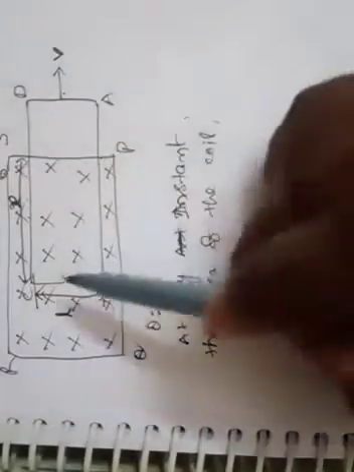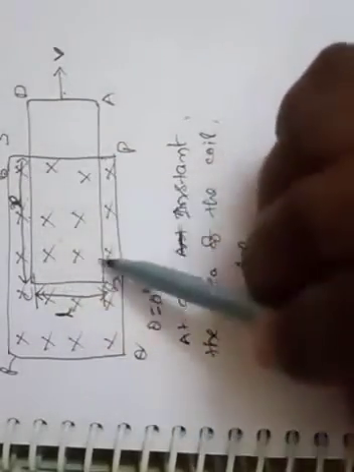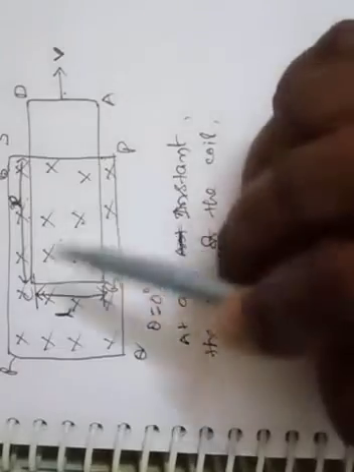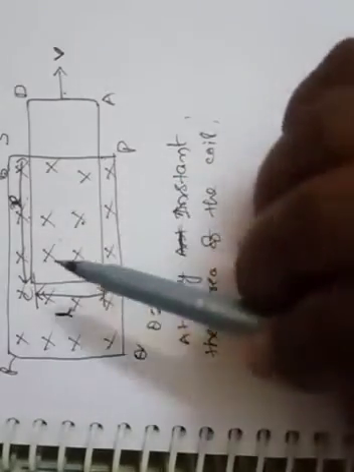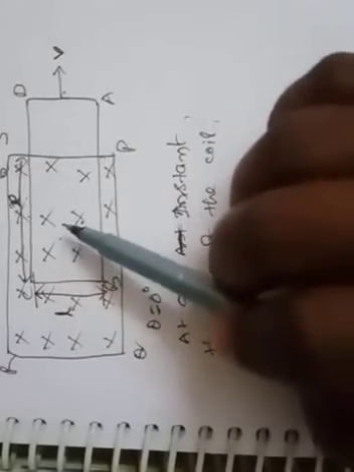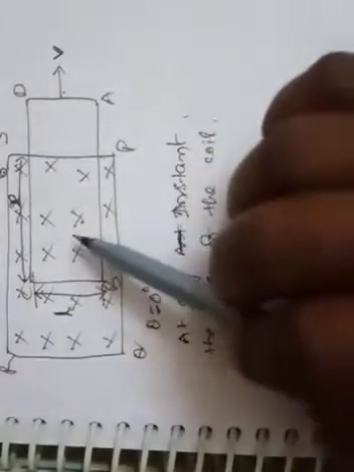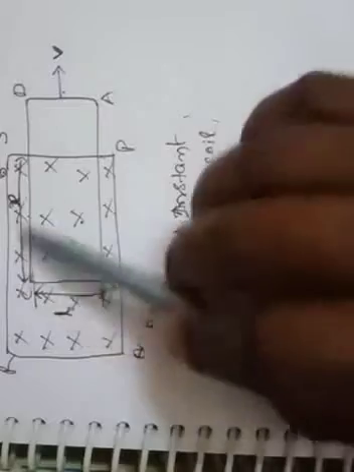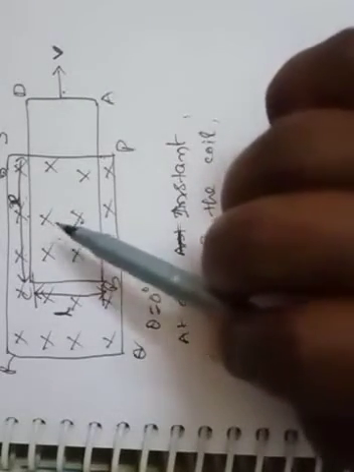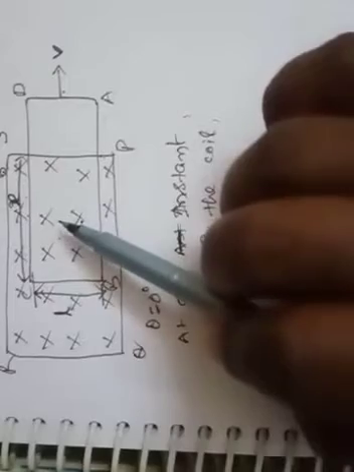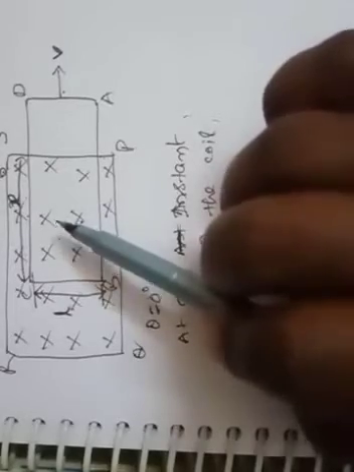So area of this coil is decreasing. If the area of the coil is decreasing, what about the magnetic flux passing through this coil? Also it will be decreased. So the flux passing through this coil is decreasing. So whenever the flux is going to change, there must be induced EMF, which causes induced current.